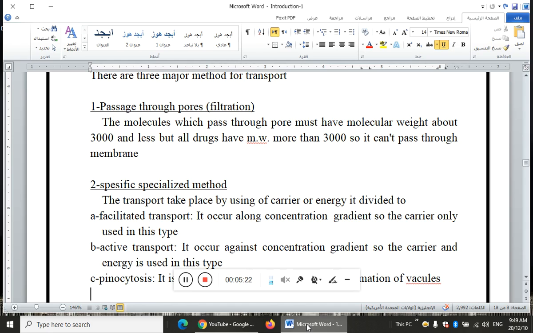The molecules which pass through these pores must have a molecular weight of about 3000 Dalton or less. But unfortunately, all drugs have a molecular weight of more than 3000 Dalton. So the drugs can't pass through the pores and cannot reach the blood circulation this way.